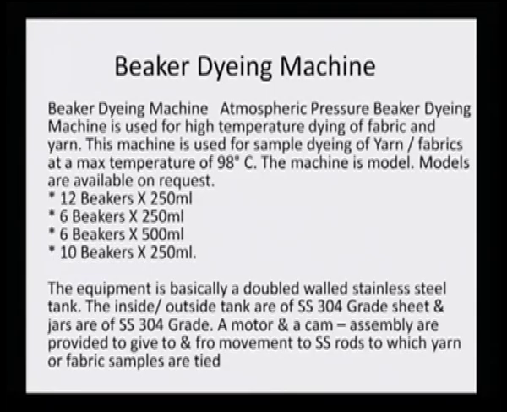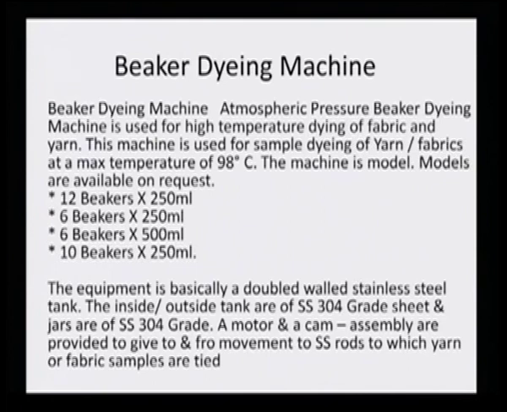Beaker dyeing machine. The beaker dyeing machine, actually an atmospheric pressure beaker dyeing machine, is used for high temperature dyeing of fabric and yarn. So, it is meant for yarn as well as fabric. This machine is used for sample dyeing of yarn and fabrics at a maximum temperature of 98 degrees, almost close to boiling temperature.